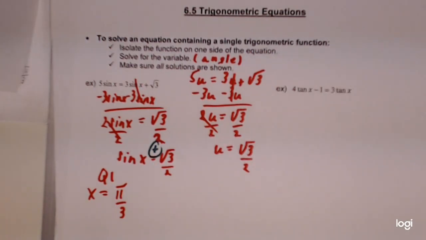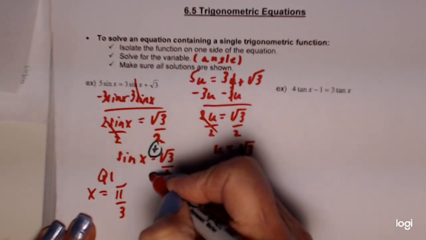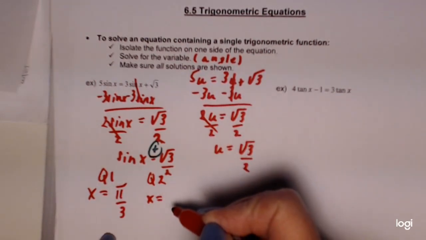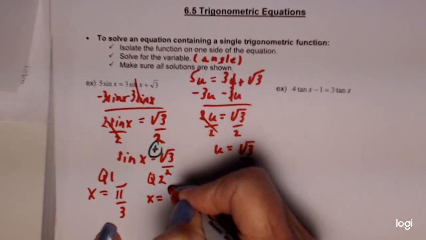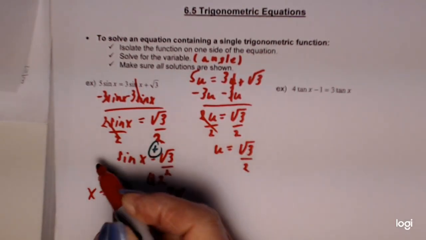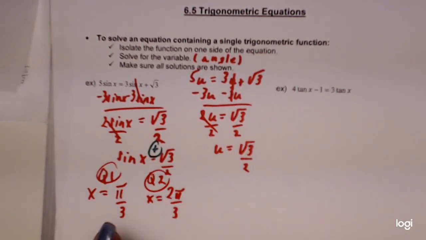So whenever we solve an equation, we have to consider what two quadrants are going to give us a positive angle or what two are going to give us a negative angle. And here, sine is also positive in Q2. So in Q2, the angle would be 2 pi over 3. Remember, the reference angle is going to be pi over 3.